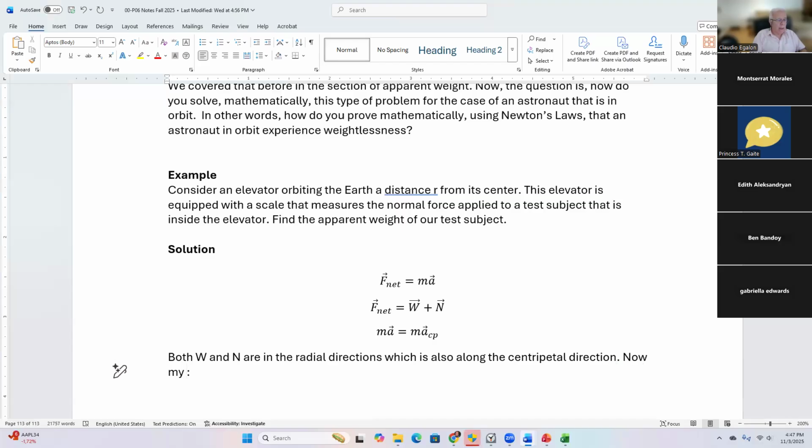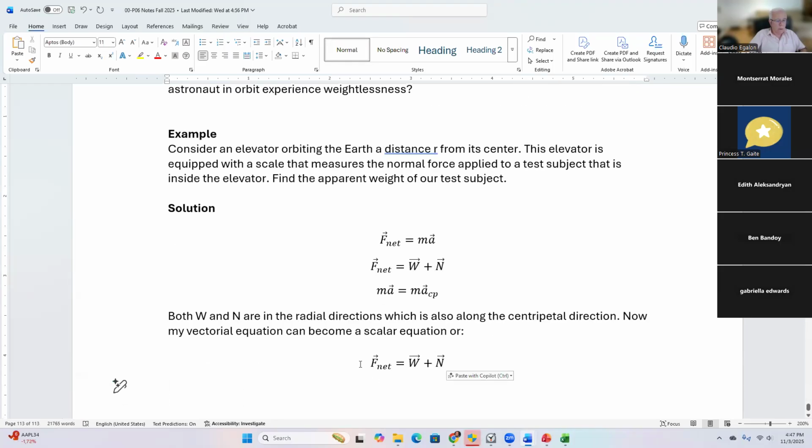Now, my vectorial equation can become a scalar equation. Instead of W vector, we're going to write now W scalar.